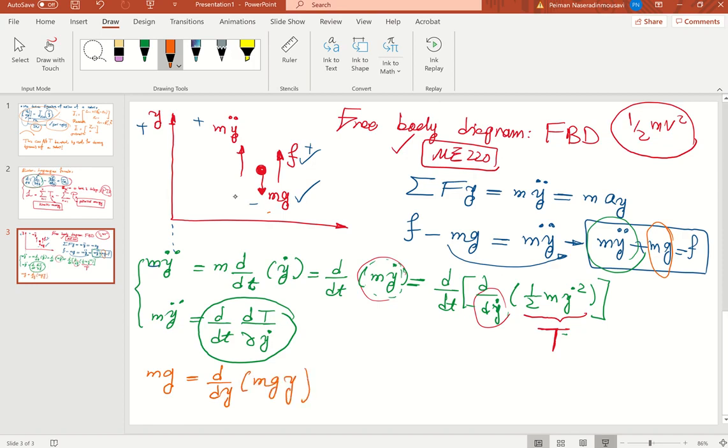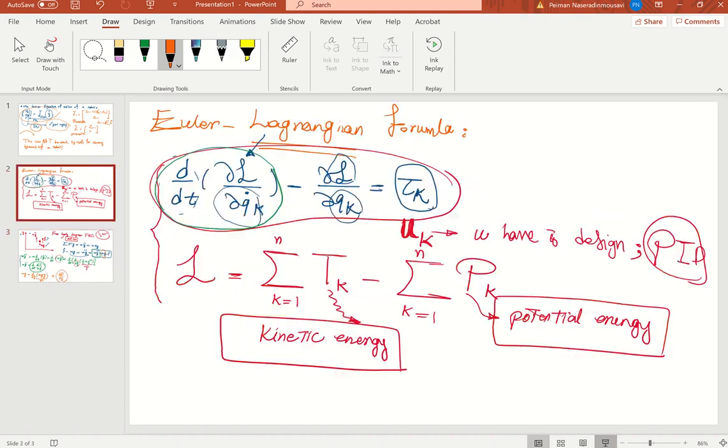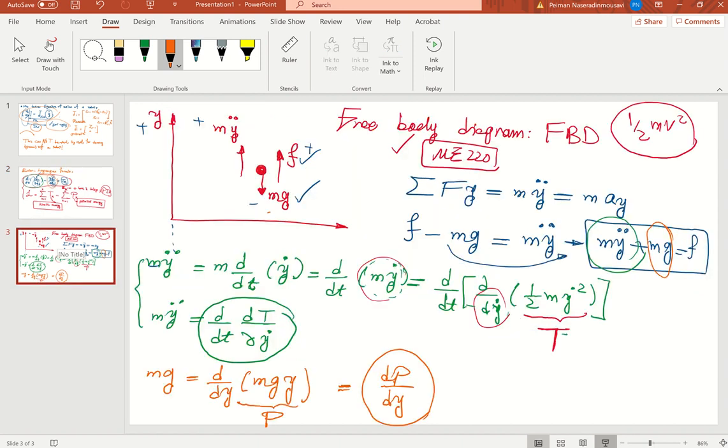Yes or no? With respect to y, it is going to be mg. What is this? Yes, it is P. So at the end of the day, it's dP over dy. It's familiar? Almost, yes. Here your y is q, the joint angle. Almost, not exactly the same. Understand?